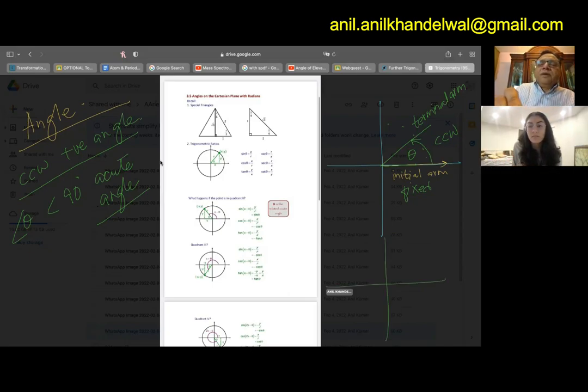Let me just make a triangle here. Let's consider these two positions, angle theta and angle theta. Now, these two triangles are congruent triangles, right? If r is the same, they are congruent triangles. At this point, the value of P is x, y.